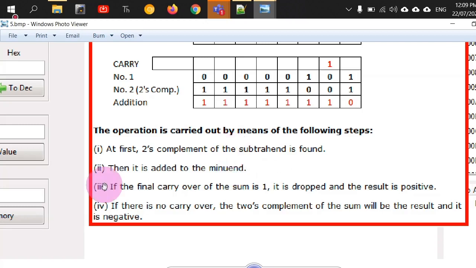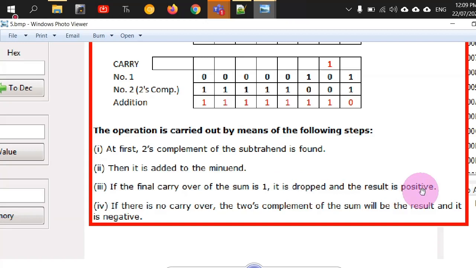Now this is step number 3 and step number 4 is for interpreting the result that you have got. If the final carry over of the sum is 1, it is dropped and the result is positive.